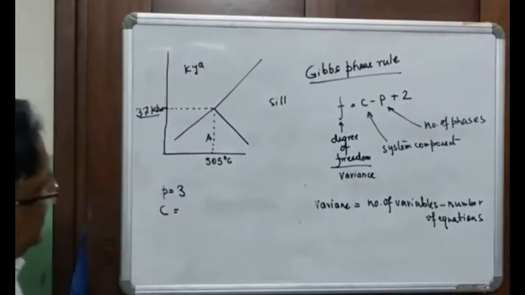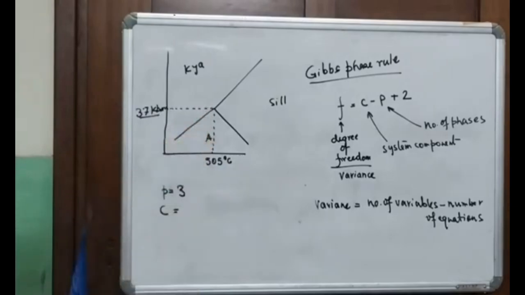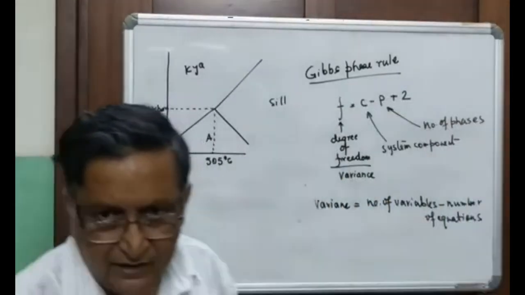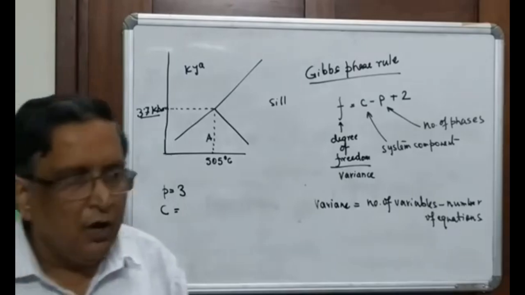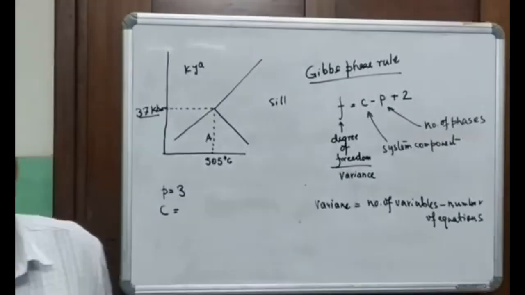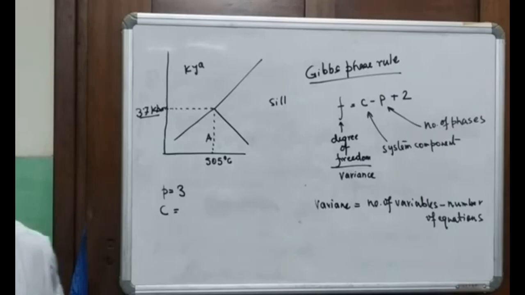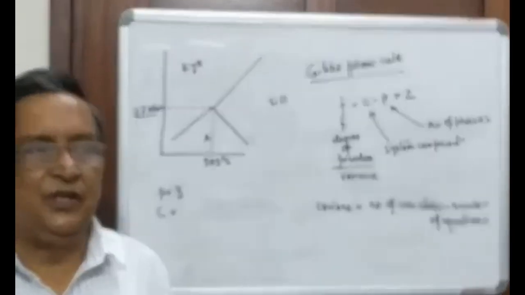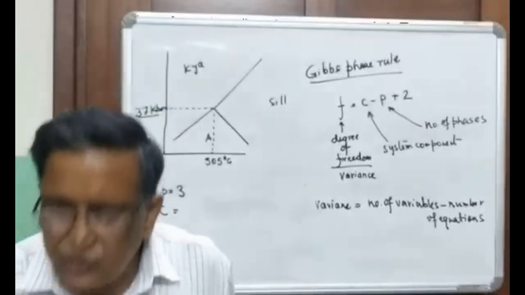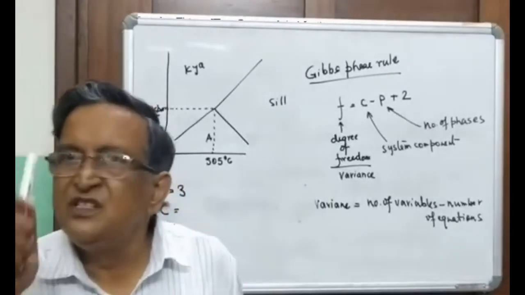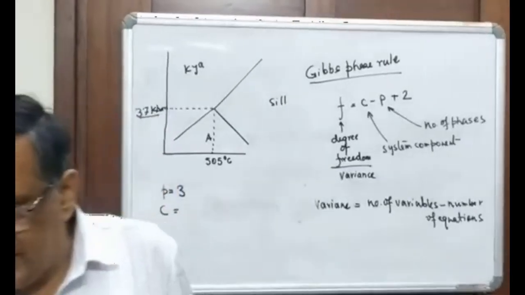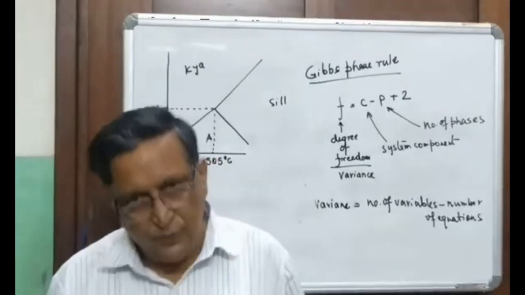So that is why, when I ask you, what is the variance of the triple point where sillimanite, andalusite, kyanite is there? The first thing that you should ask yourself, or the teacher, what is the composition of sillimanite, kyanite and andalusite? Because without the composition, you will not be able to find out C, the components. Impossible.